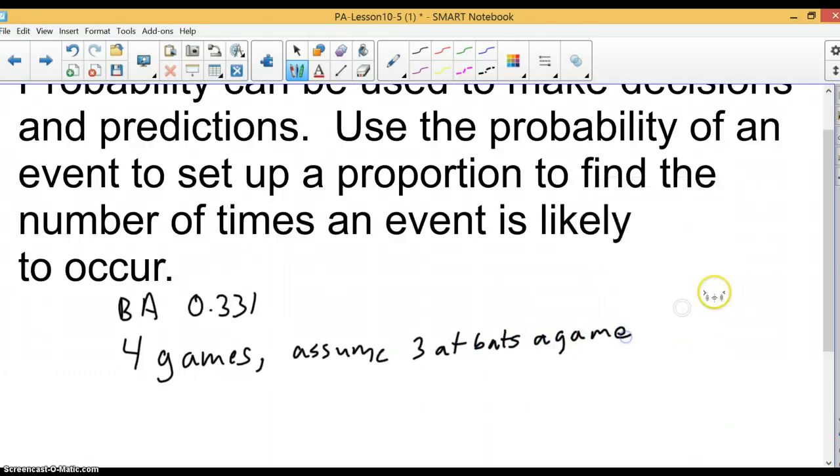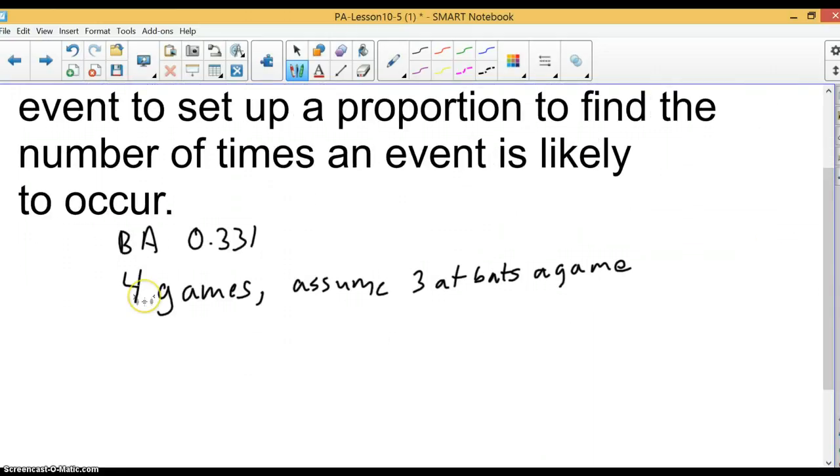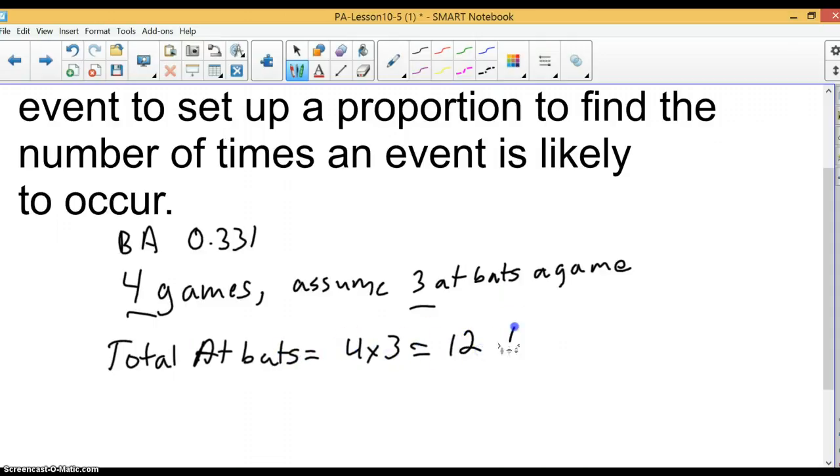So to figure this out, the first thing we need to do is figure out how many total at-bats. And to do that, we just take 4 times 3. So total at-bats equals 4 times 3, which gives us 12 total.